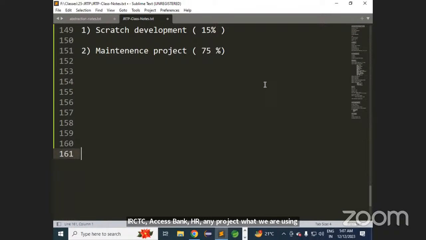When you go for maintenance projects, what kind of work will be available? Enhancements will be available. Enhancements are nothing but adding new functionality to the existing project. 3 months back in WhatsApp, the channel concept was not available. Today we are able to use the channel concept in WhatsApp.